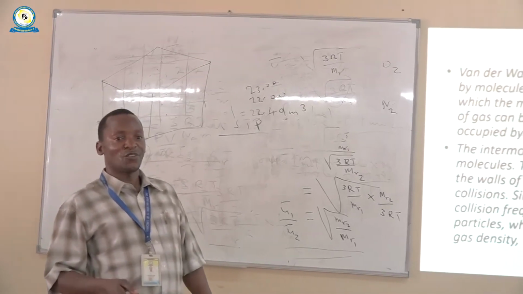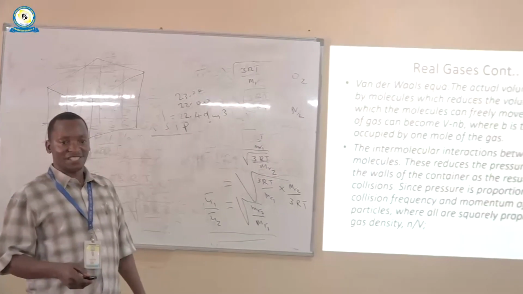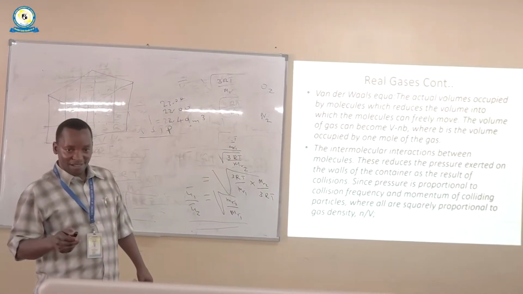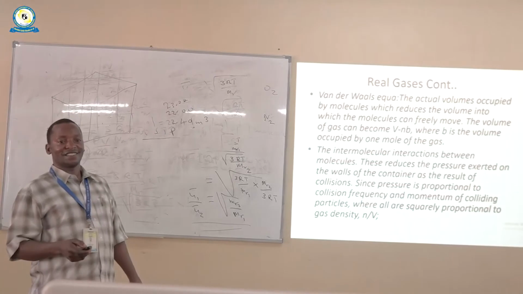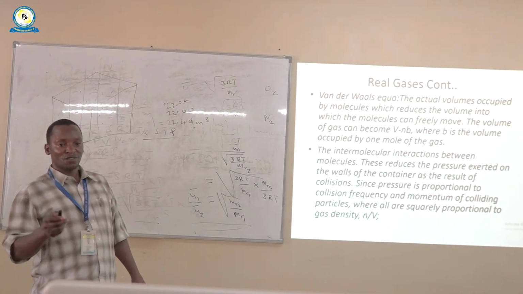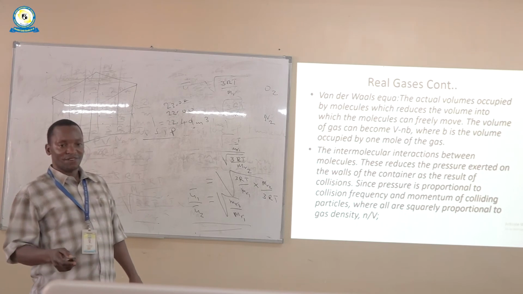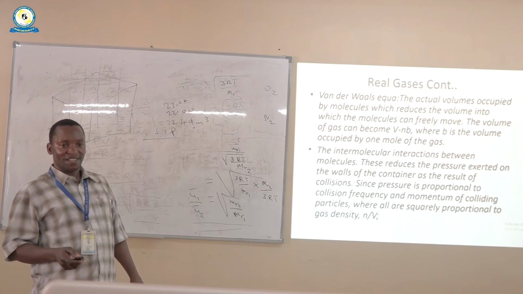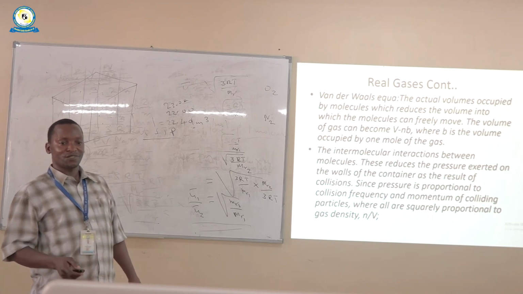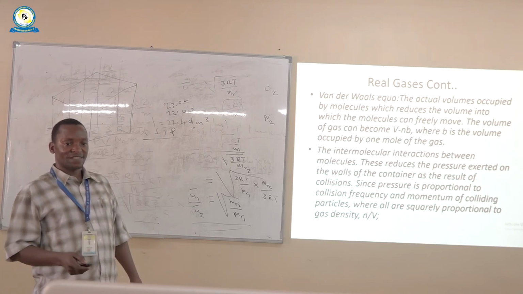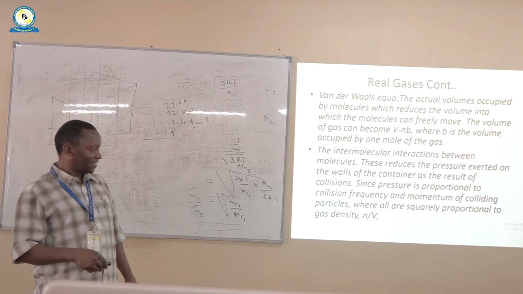Then he considered the intermolecular interactions between molecules that reduce the pressure exerted on the walls of the container as a result of collision. It was found that pressure is proportional to collision frequency and the momentum of colliding particles, where all are squared, proportional to gas density.